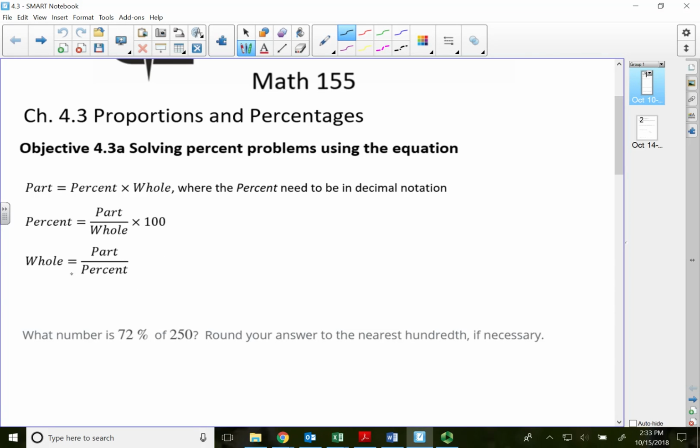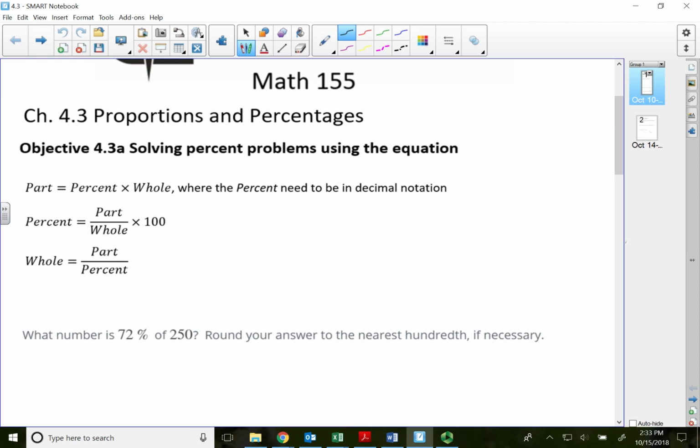And in order to find whole, we always take part divided by the percent, where the percent has to be in decimal notation. So percent has to be converted into decimal first. When it comes to percent word problems, we normally look for one of three things: part, percent, or the whole.